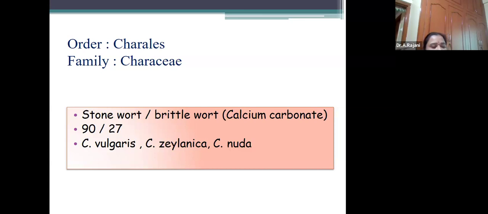Expect questions like which alga is the stonewort, and which alga has a brittlewort thallus. Chara grows in freshwater, clear, standing waters on muddy or sandy bottoms, below the water level. It can also be collected from standing reservoirs. A few species grow in brackish water, that is Chara baltica. Brackish water means saline, salt water. Only Chara baltica grows in salt water.